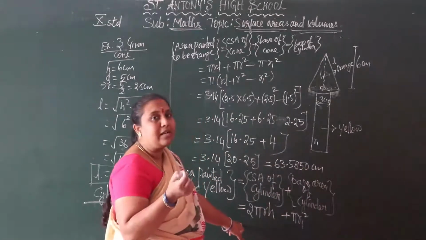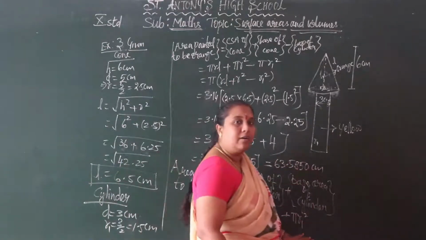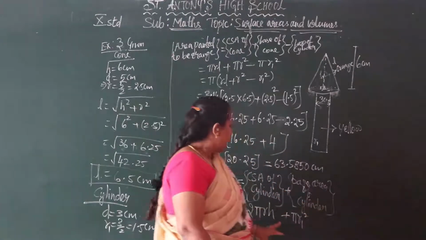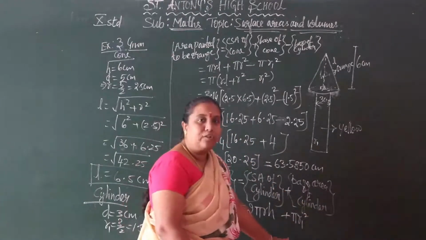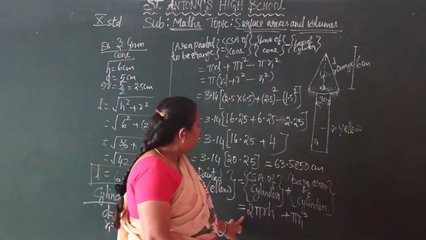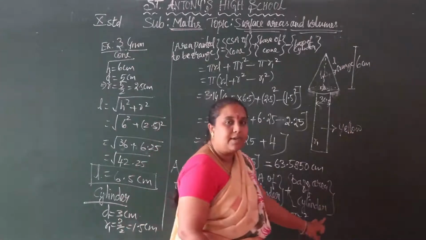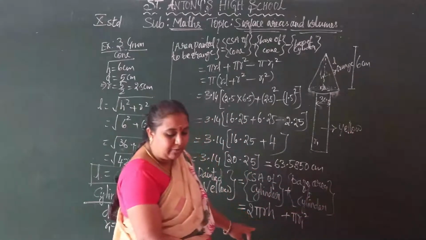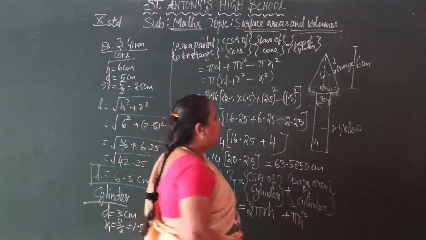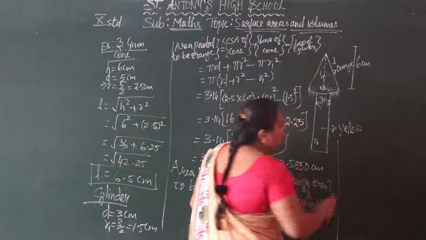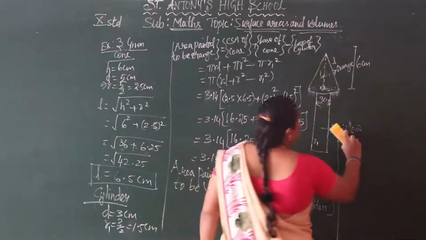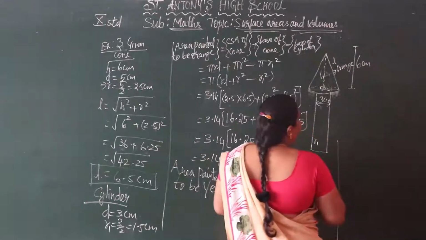So these mistakes can make big wrong answers. We have to write the formulas carefully. So 2 pi rh plus pi r1 square. Here we have to take pi commonly outside. Now we substitute the values.